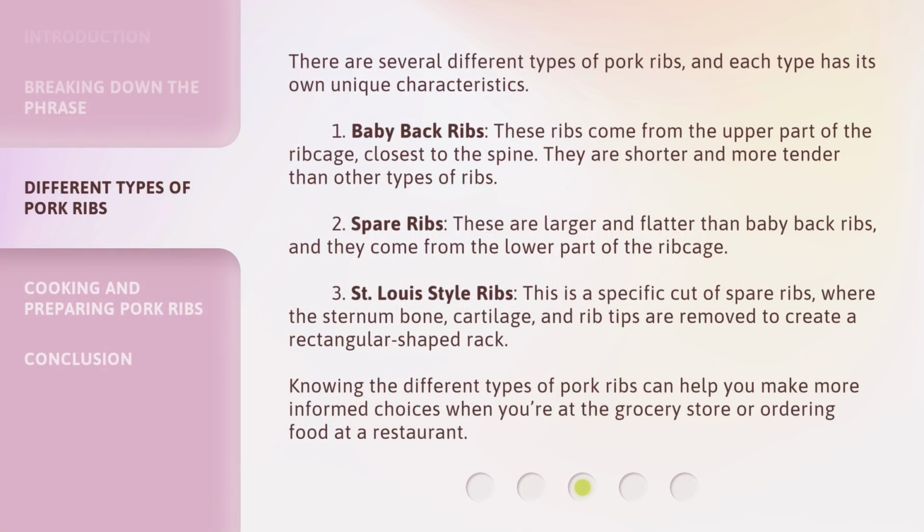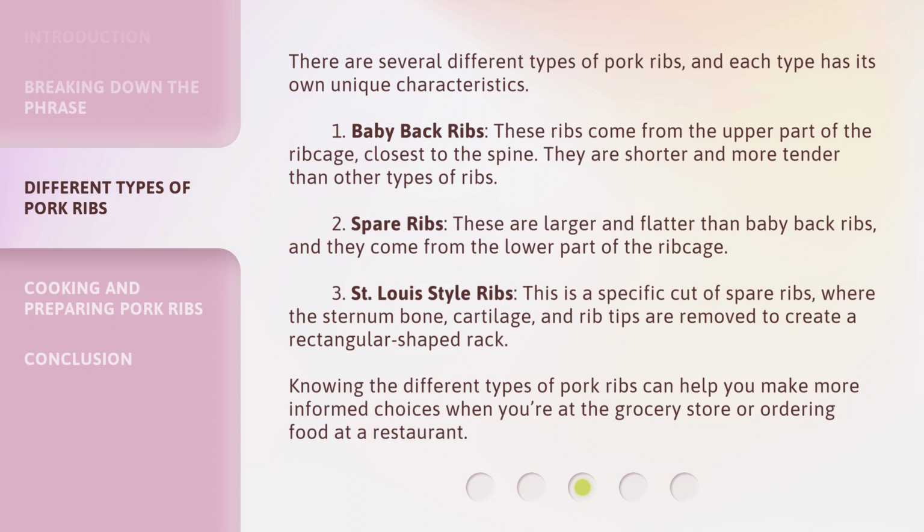There are several different types of pork ribs, and each type has its own unique characteristics. 1. Baby back ribs. These ribs come from the upper part of the ribcage, closest to the spine. They are shorter and more tender than other types of ribs. 2. Spare ribs. These are larger and flatter than baby back ribs, and they come from the lower part of the ribcage. 3.